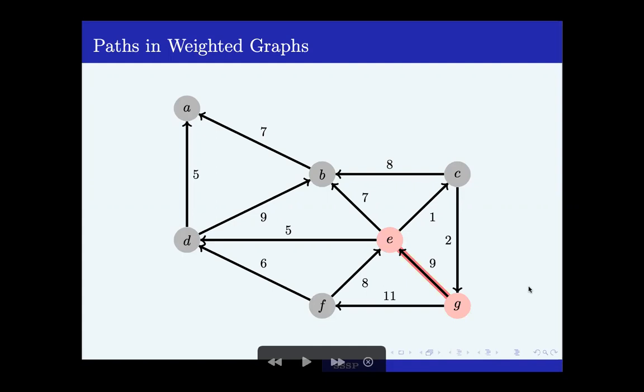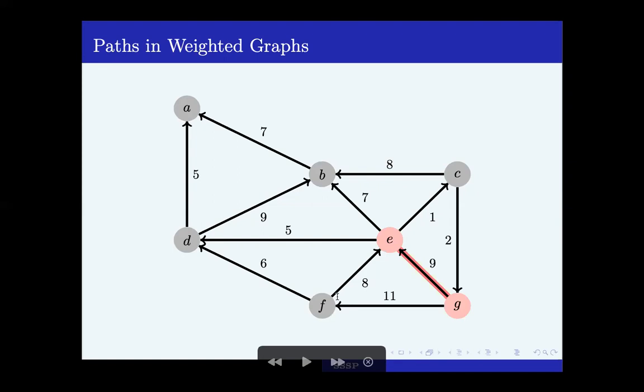At this time, via E, I can go through C, and the cost will be 9 plus 1, 10. I can go to B, cost will be 9 plus 7, which is 16. I can go to D, which will be 9 plus 5, which will be 14. I can go through F. Okay, I can go through F some other ways also possibly, but I can go through F directly, and that is 11.